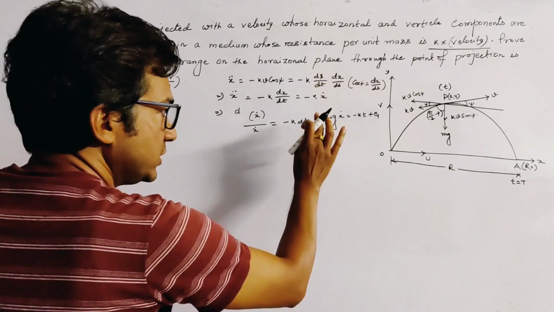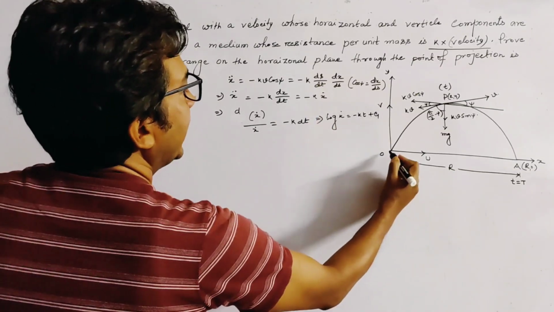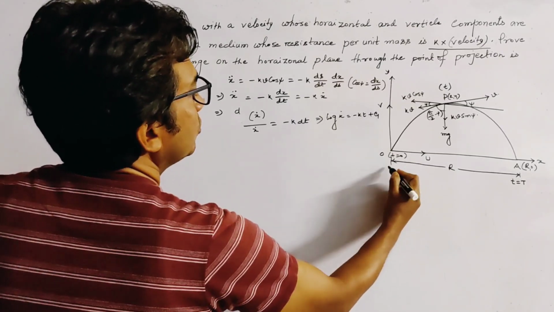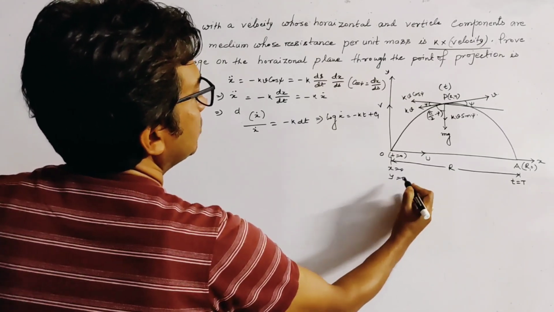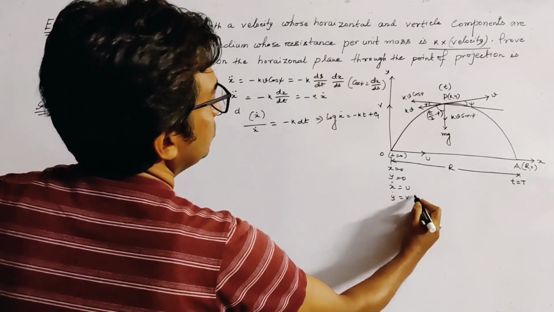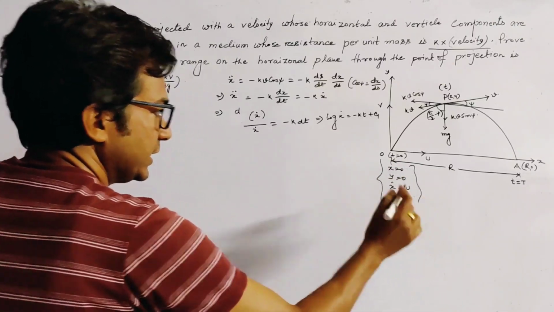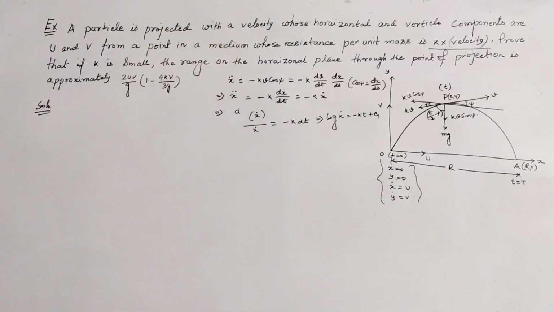We use the initial conditions at O: at t equal to 0, x equal to 0, y equal to 0, x dot equal to u and y dot equal to v. All are initial conditions given in our problem.